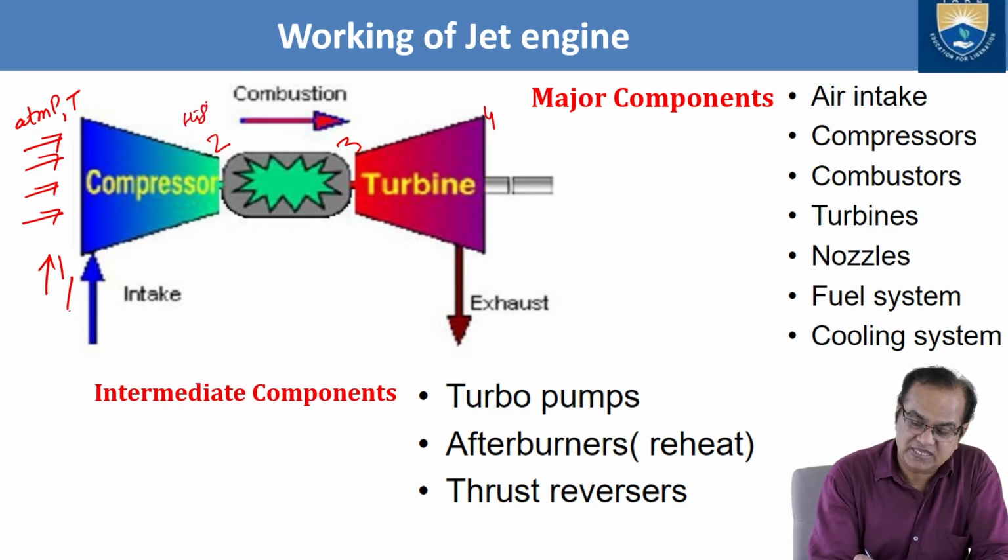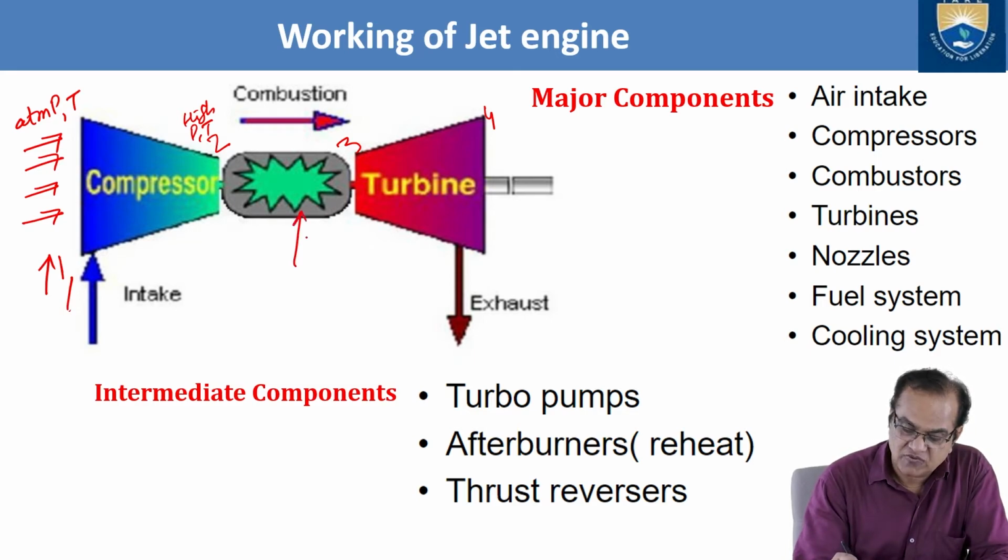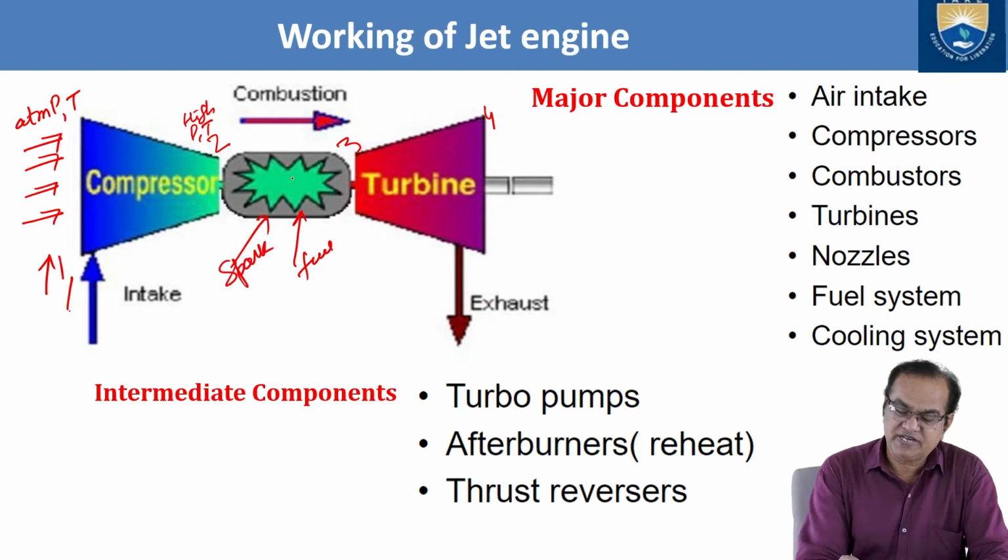At high P and T, it is entering the combustion chamber. From here fuel is injected, and here a spark is given. Fuel is burned here. At point 3, you have very high P and T.